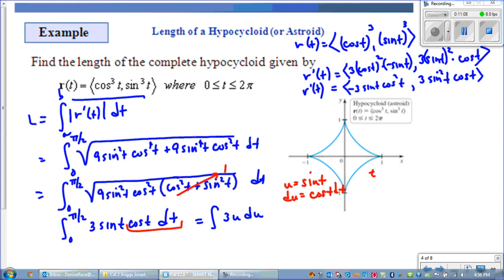Now we need to change our limits of integration. When t was 0, u will be sine of 0, which is 0. And when t is pi over 2, u would be sine of pi over 2, which is 1.